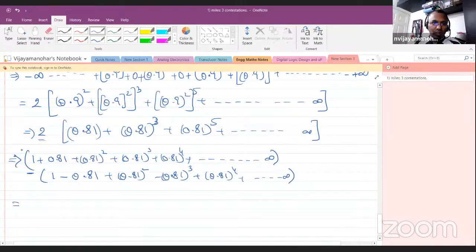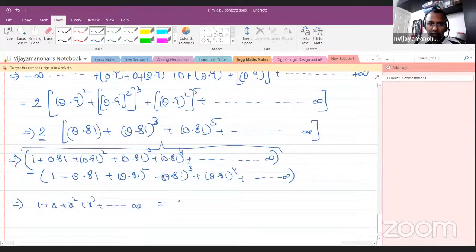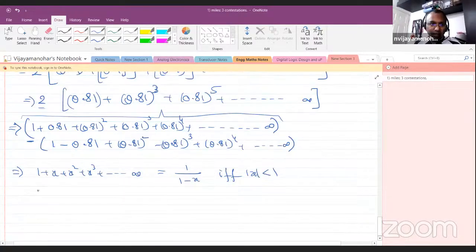Correct. So now what is this? This is 1 plus x square plus x cube plus so on till infinity. This is 1 by 1 minus x if mod x is less than 1, if and only if. And the next series I am having is 1 minus x plus x square minus x cube plus so on till infinity, which is 1 by 1 plus x. This is if mod x is less than 1.